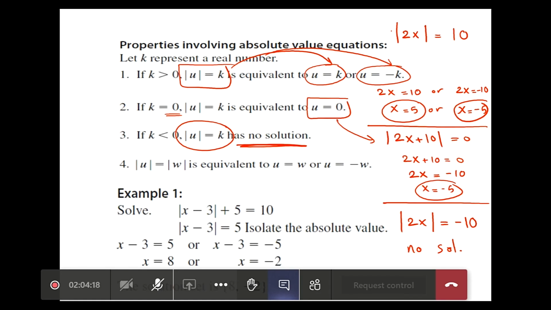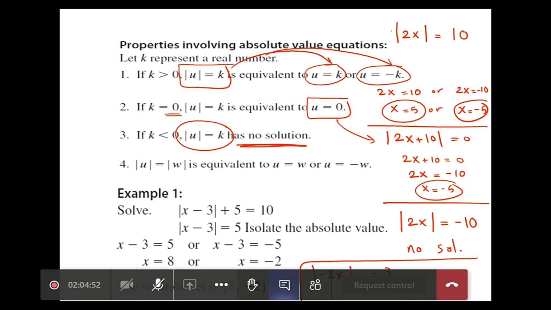What if you have a negative inside the absolute value? No problem. For example, the absolute value of minus 2x plus 1 equals 3, or without the 1.